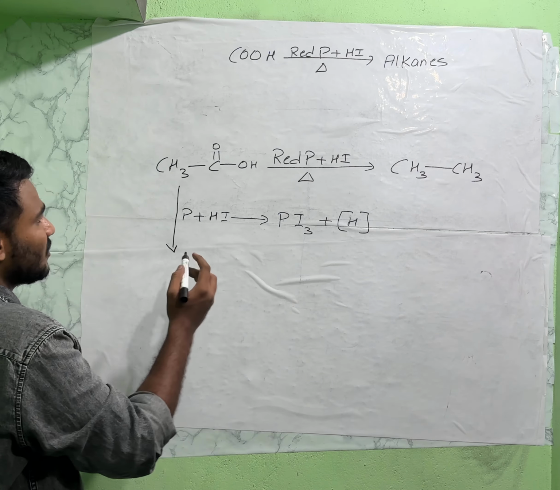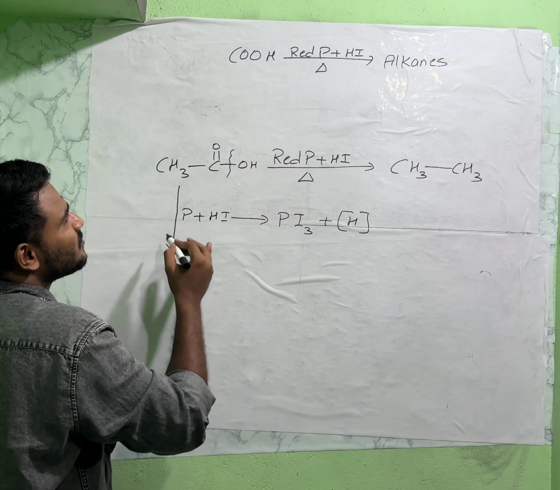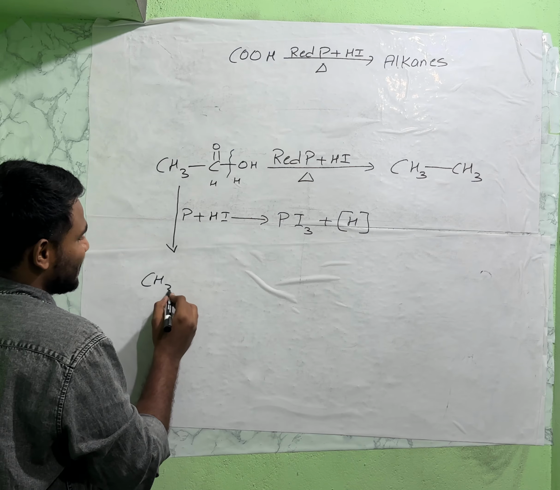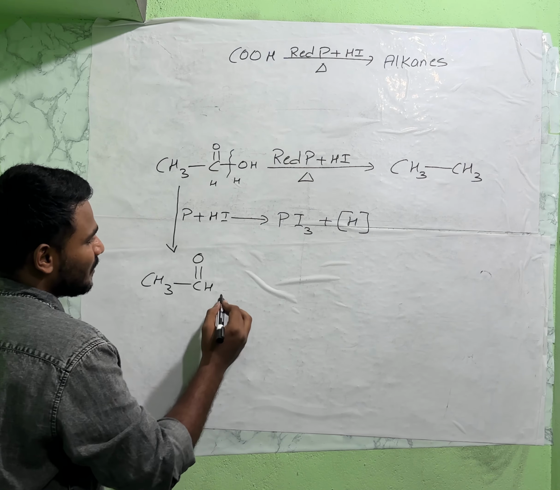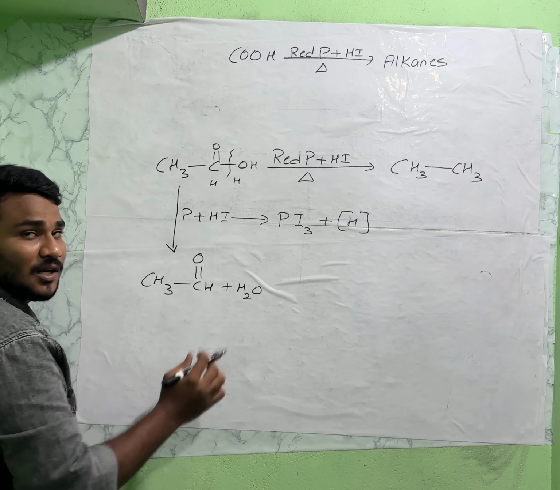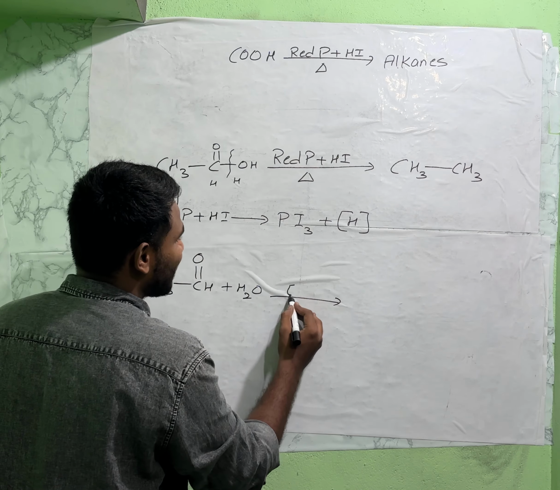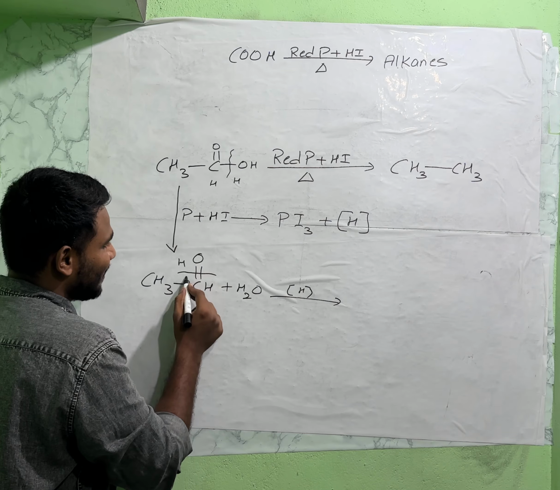It will break this molecule and add H over here, and the product is CH3CH double bond O plus H2O. In the presence of the water molecule, it came out. In the next step, again this nascent hydrogen will attack, break these two bonds and add H.